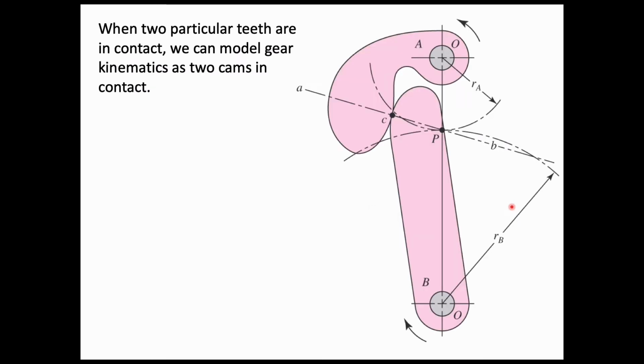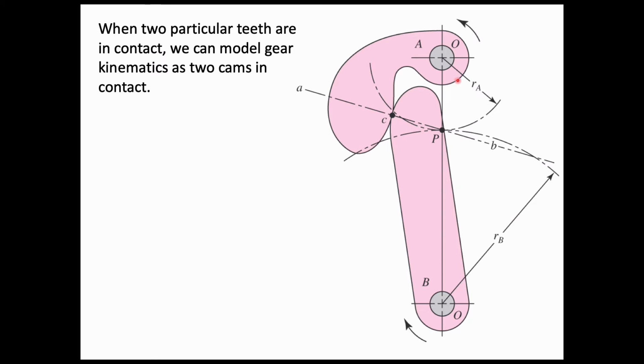One way of conceptualizing this is to focus in on just a single pair of gear teeth. And instead of thinking about the whole gear with all the teeth, let's just focus in on these two teeth.